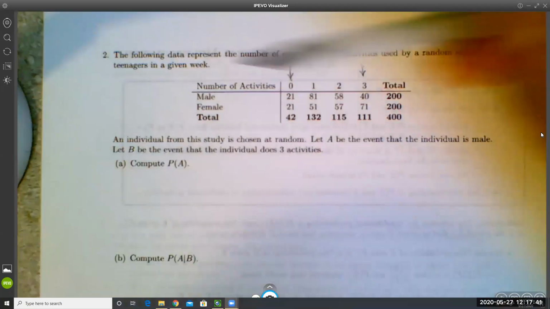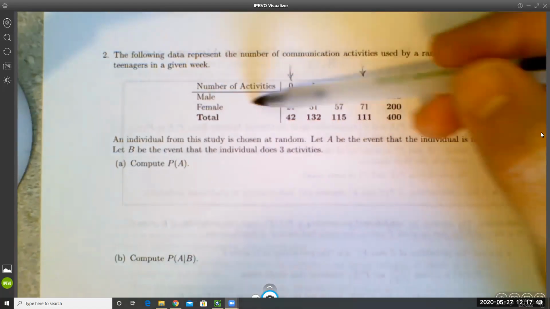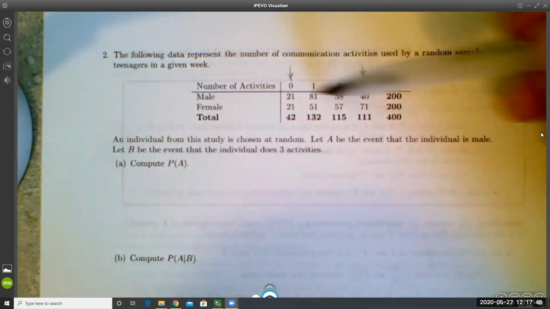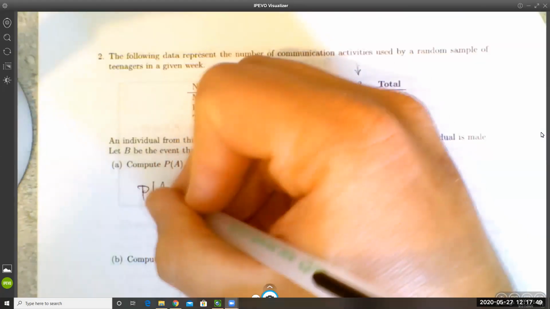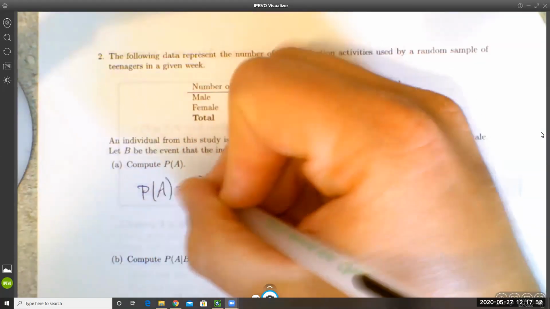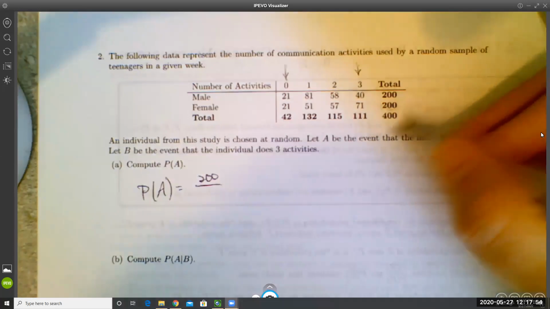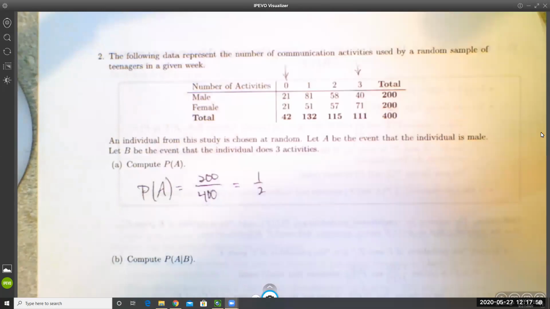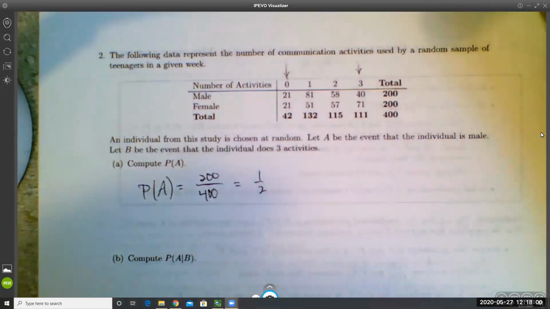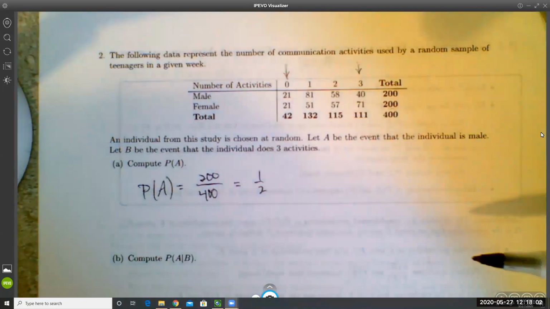Well, in this particular survey, there were 200 males in total out of 400 individuals. So that's 1/2.